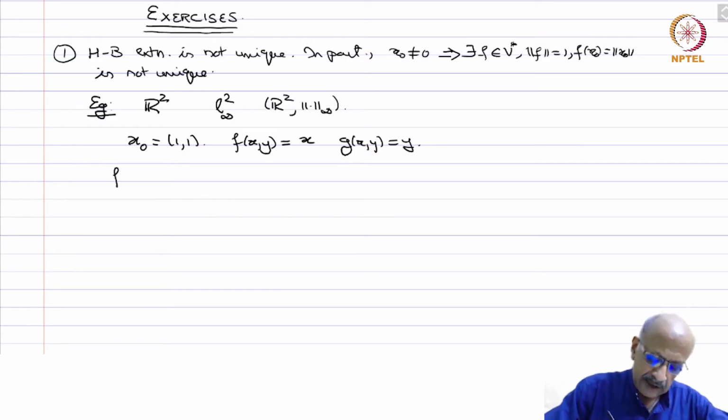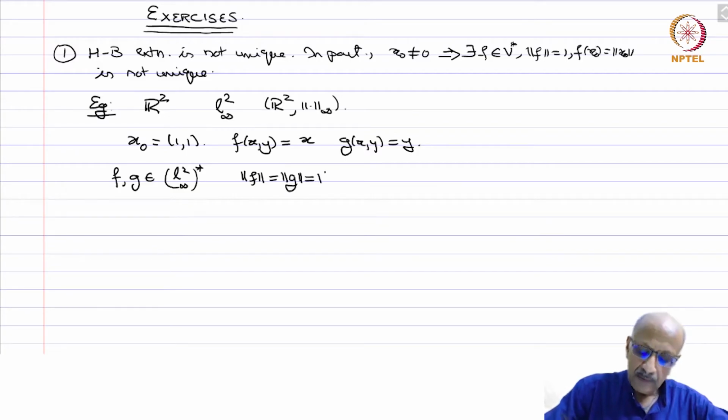Then any linear functional is continuous in finite dimensions, so f and g belong to the dual of R2 with the infinity norm, and then it is very easy to check that norm f equals norm g equals 1, because mod f(x, y) is mod x, mod g(x, y) is mod y, both of them are less than or equal to norm (x, y) infinity.